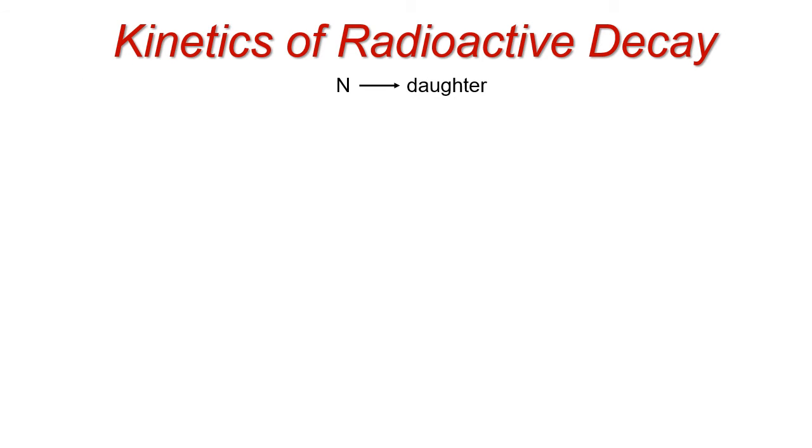Kinetics of radioactive decay. We say that the parent isotope releases the daughter with a rate proportional to the number of parent molecules, so this is first order kinetics.